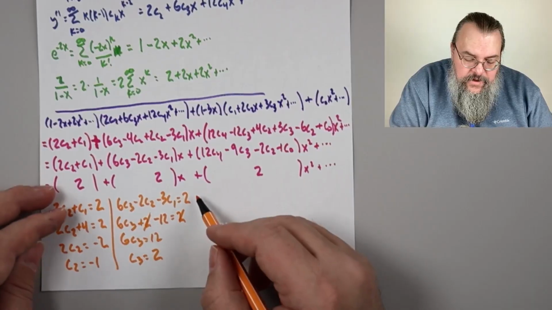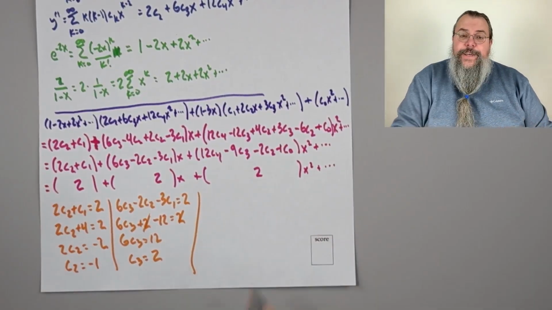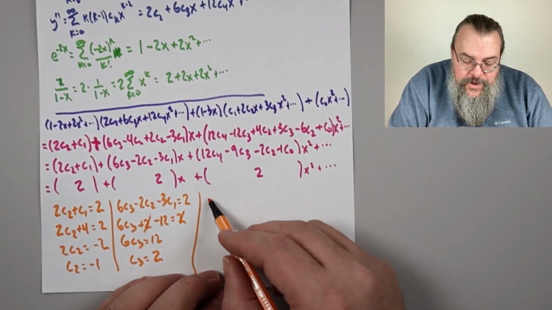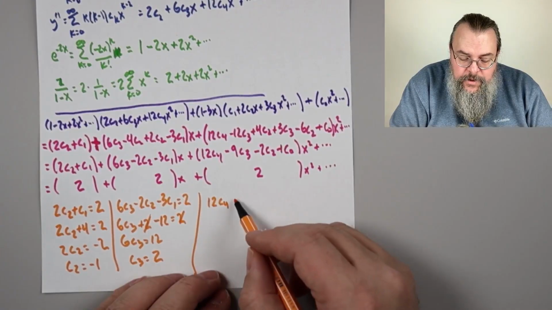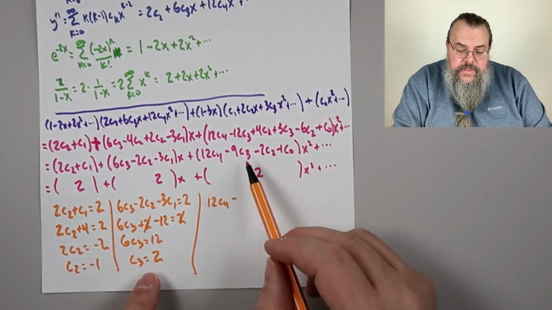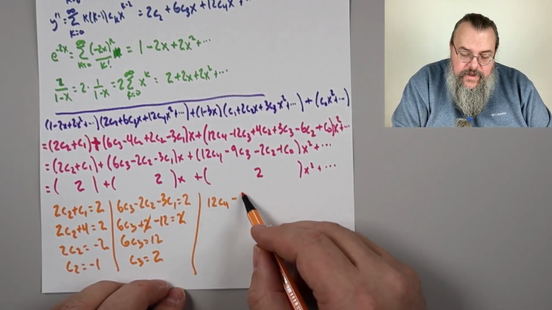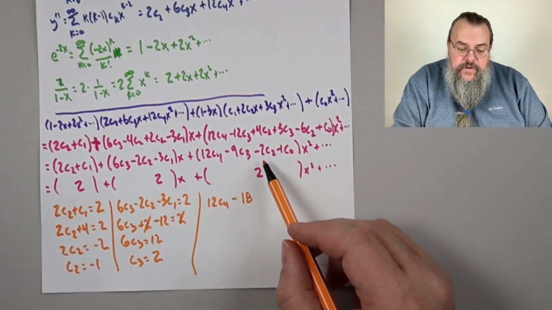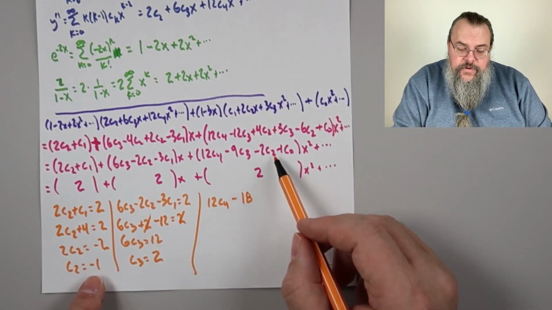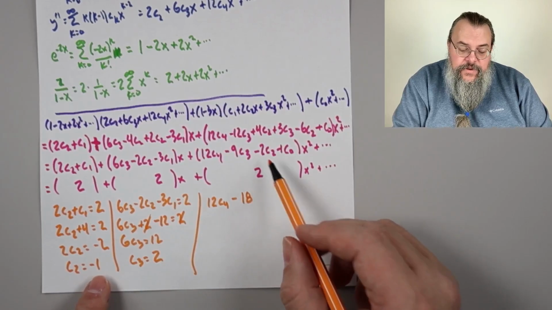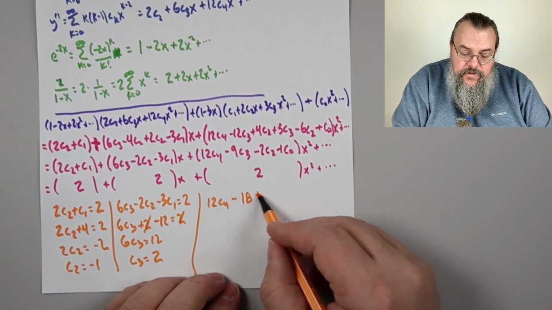All right, great. Now we go to the x squared. 12c4 minus 9c3. Well, c3 we just found, that's 2. So minus 18. Minus 2c2. Well, c2 is minus 1. So minus 2c2 is plus 2.